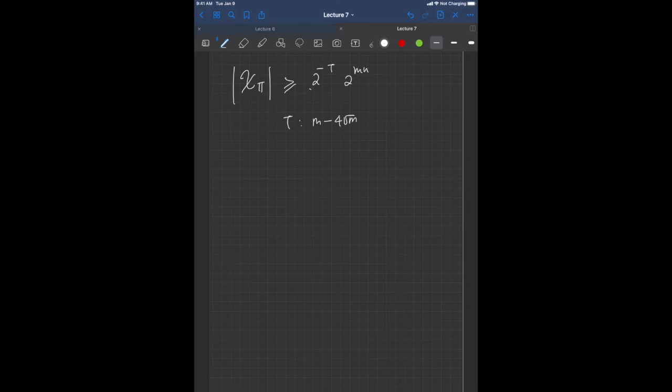So for that I need to set the threshold. If you could do this calculation on your own, you can find out that the best kind of threshold that works out for us is something like square root m. This might seem a bit mystical, but here is the reason. So we know that if we set the threshold to be tau, a revealed row would have more than tau bits of information.